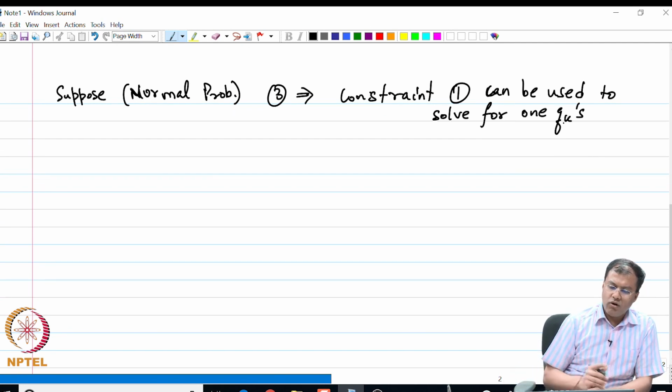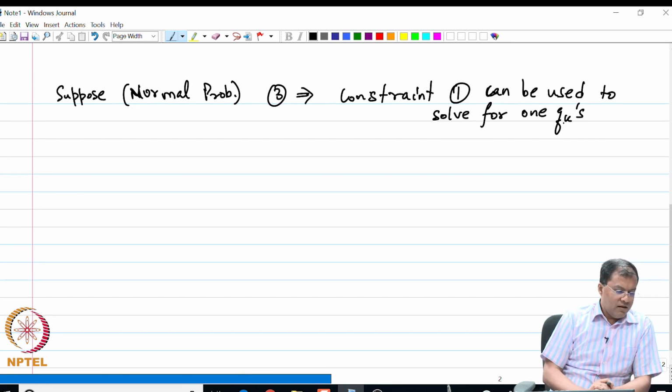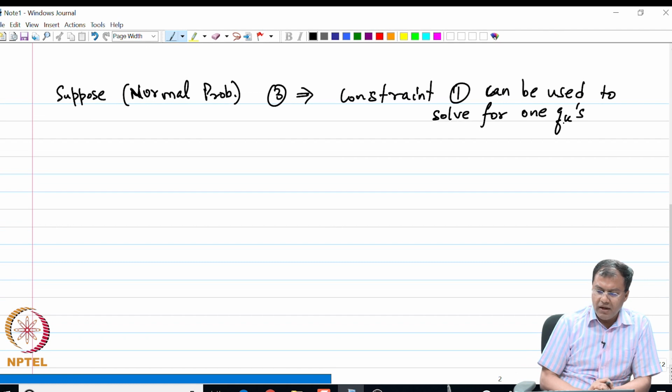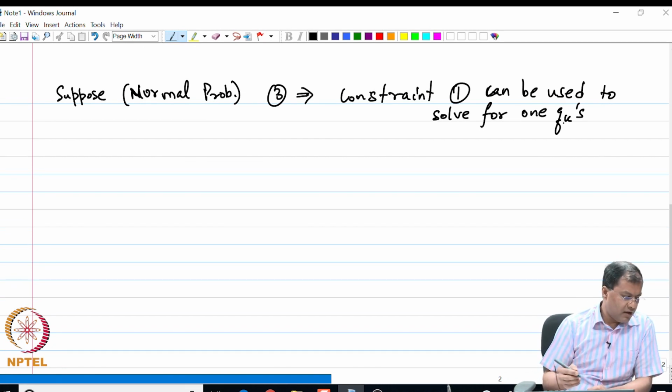Then, as I just said, we could possibly change the constrained problem into an unconstrained optimization problem, rather than the standard Lagrange multiplier approach.